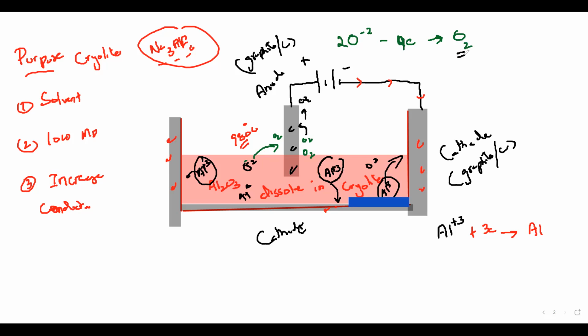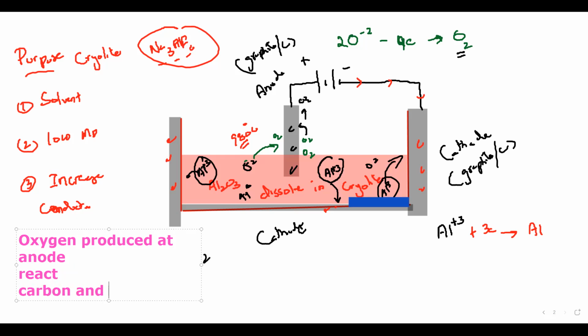So the oxygen produced at the anode will further react with the carbon, and it will form carbon dioxide.